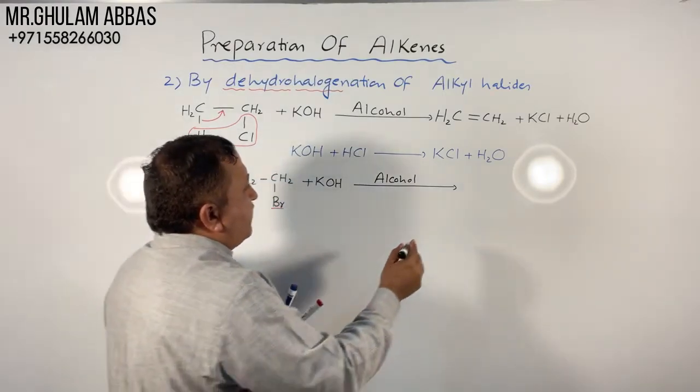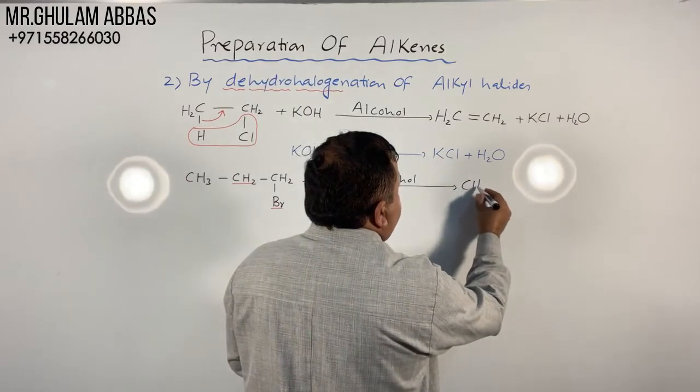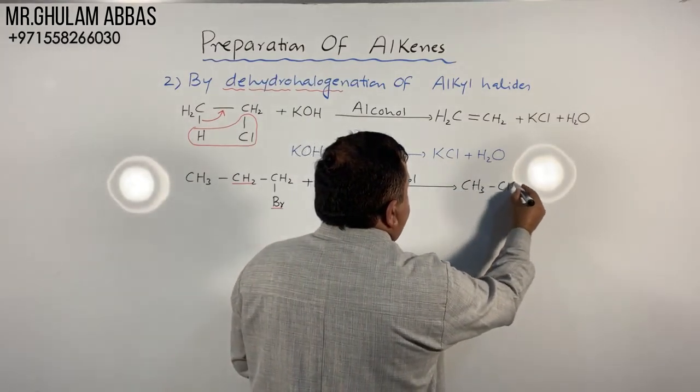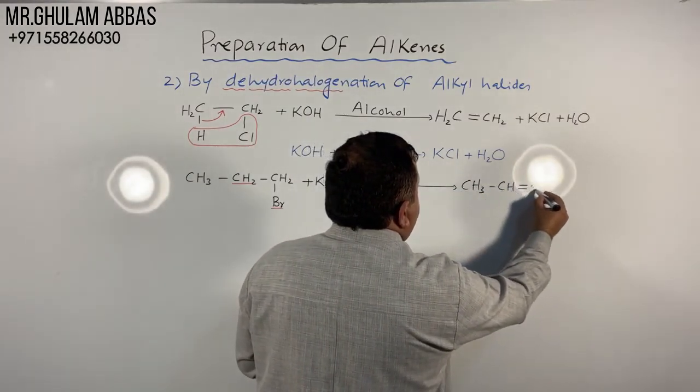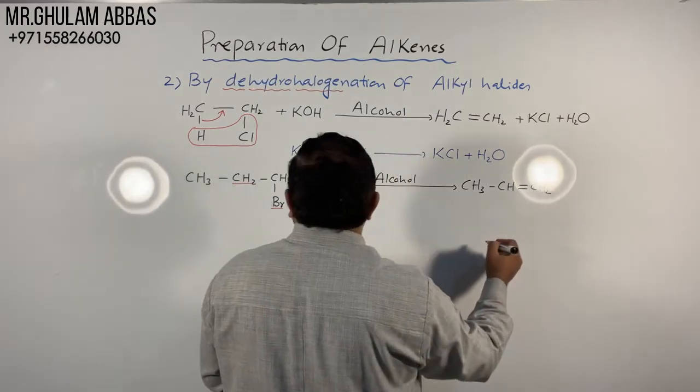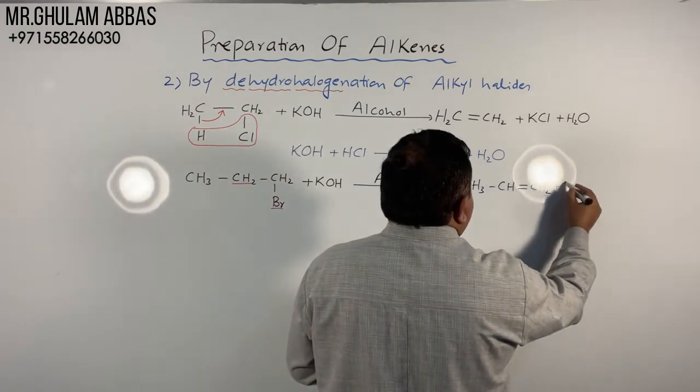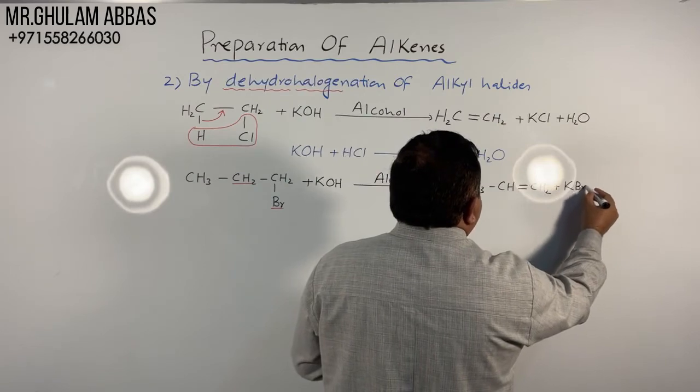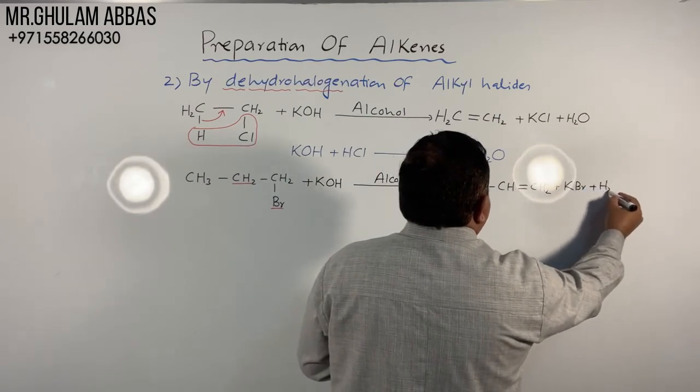So our product will be CH3-CH=CH2, and side product will be KBr plus H2O.